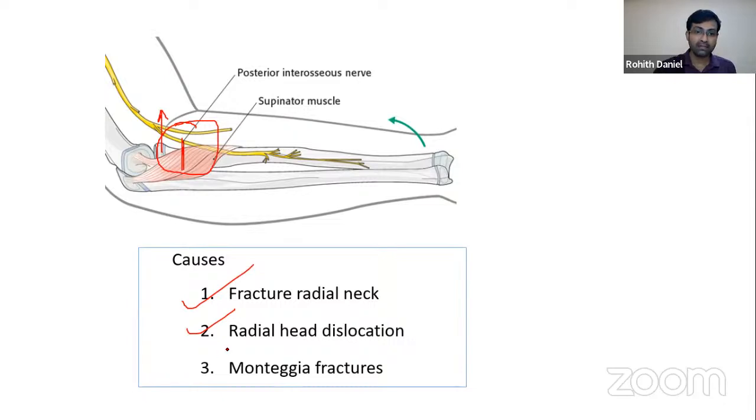And you can also get this as a complication of Monteggia fractures, isn't it? What is a Monteggia fracture? In Monteggia fractures, there is a fracture of the proximal third of the ulna with radial head dislocation. Again, radial head dislocation causing a posterior interosseous nerve injury. Understood?